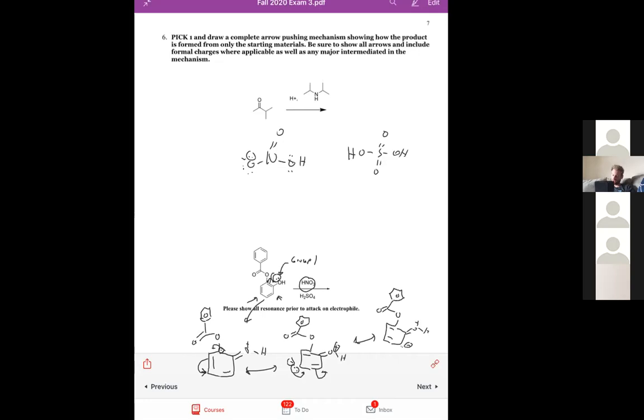So if this oxygen comes in, we can grab a proton here as well as kicking out water. This will let us generate this nitrogen electrophile. Our aromatic ring can come in and attack it.